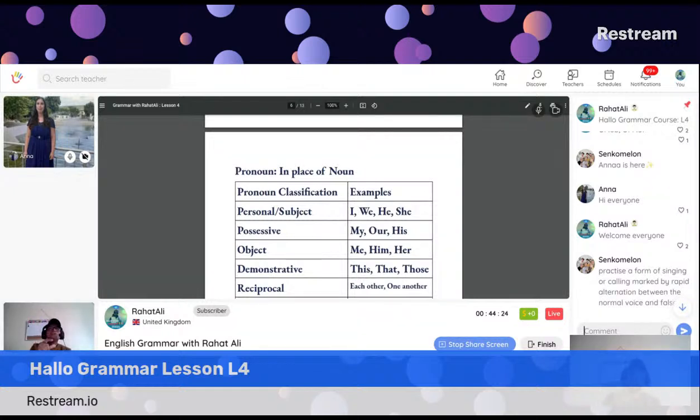Remember the name pronoun, pro and noun together. Look, if you divide it, pro, noun. Have you ever seen when you go shopping, you find some probiotic cream, probiotic yogurt? So that means pro means in place of those things. Pro means in place. Pronoun means in place of noun. The words that we use on an everyday basis, we call them pronouns.